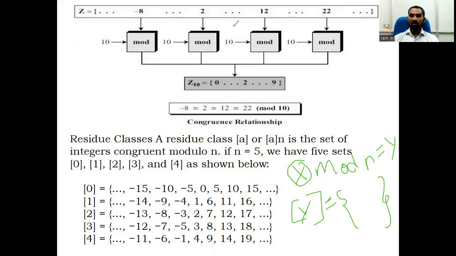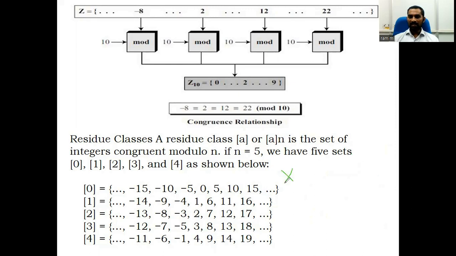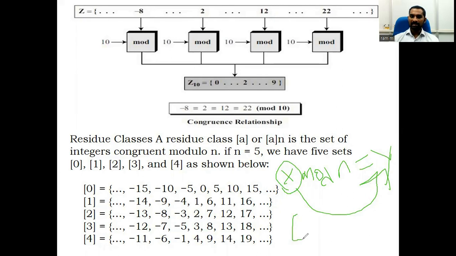Again, if you are taking x mod n and it produces a residue y, then all those values of x which produce residue y on mod n will be taken as the residue class of y.